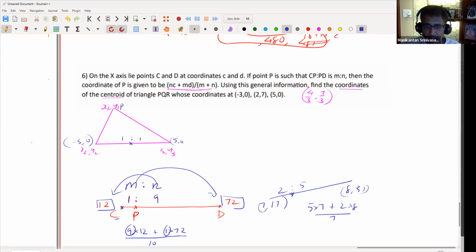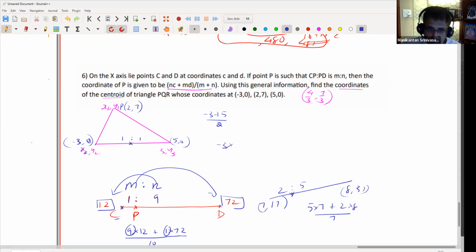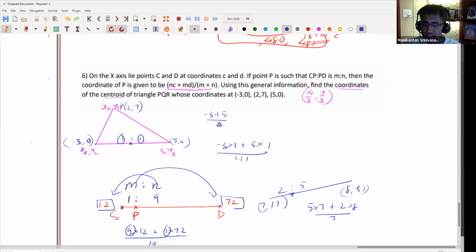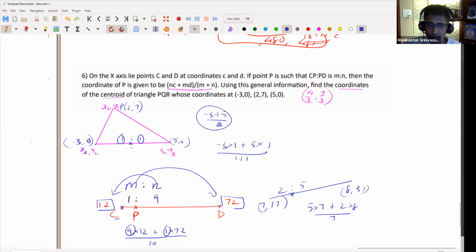Let's say this is 5, 0, and this is 2, 7. Doesn't matter. Now for 1:1, you don't need any big formula. How do you find a point which is exactly halfway? It's just -3 plus 5 divided by 2, right? But where is this formula coming from? It's coming from this -3 getting multiplied by this one, and the 5 getting multiplied by the other one, even though both are 1 in this case, upon 1 plus 1. That's how you get the average, -3 plus 5 by 2, which is 1, right?